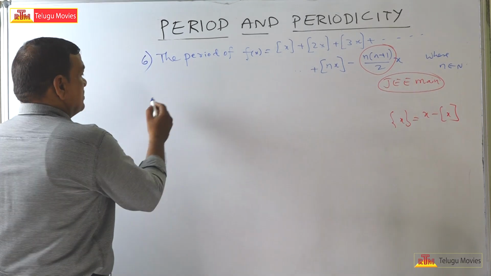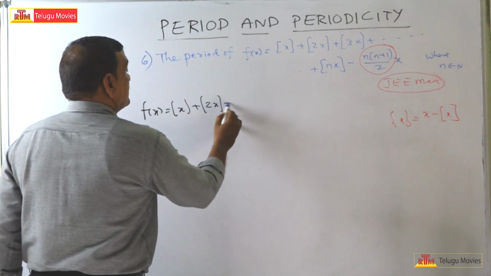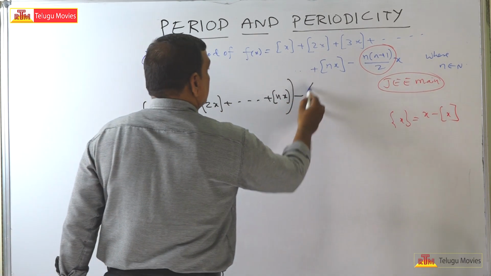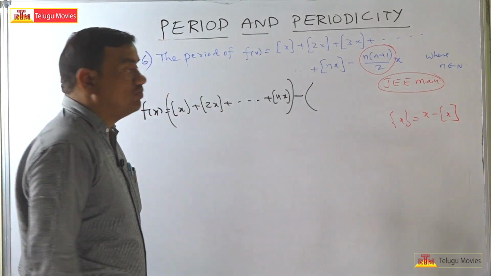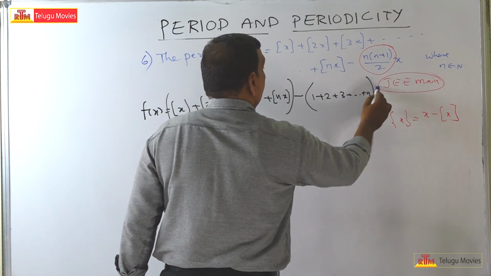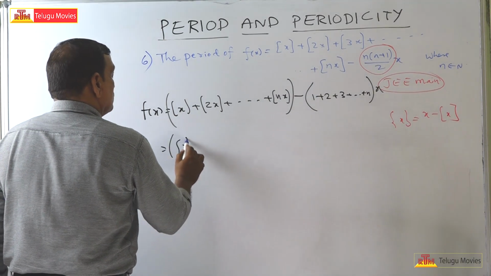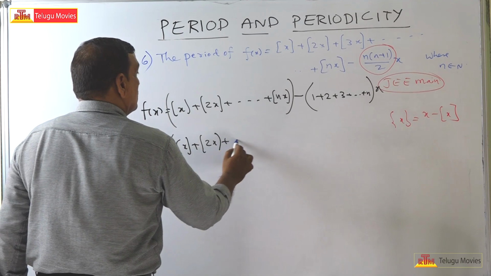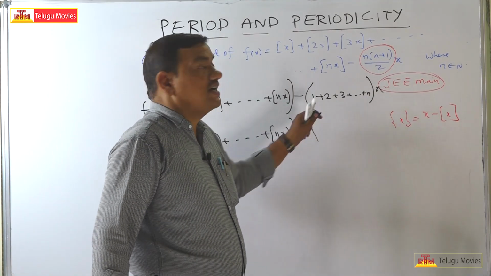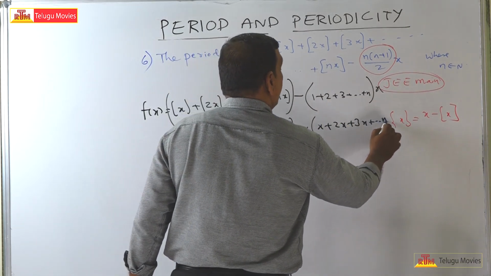So let us open that first of all. f of x is equal to step x plus step of 2x plus so on step of nx minus n into n plus 1 by 2, which means the sum of the first n natural numbers, 1 plus 2 plus so on plus n, into x. So this is step x, step 2x plus so on step nx minus, multiplying inside, x plus 2x plus 3x plus so on nx.